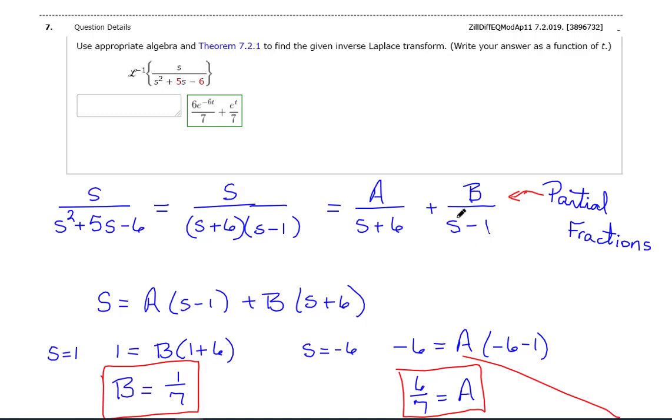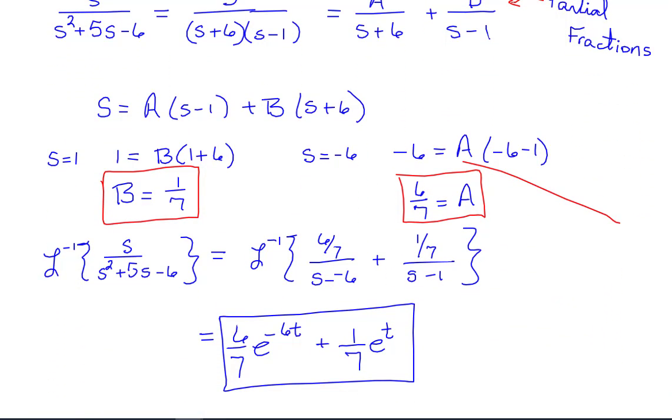And for the B part, the s minus 1 cancels, leaving you B times (s plus 6). At that point, you just pick values for s. So if s is 1, the A part goes away, and I get 7B equals 1. So B is 1/7.